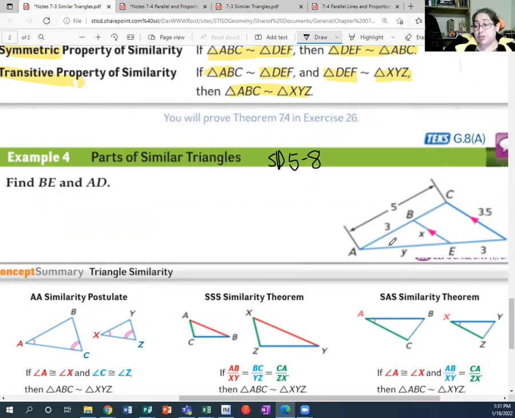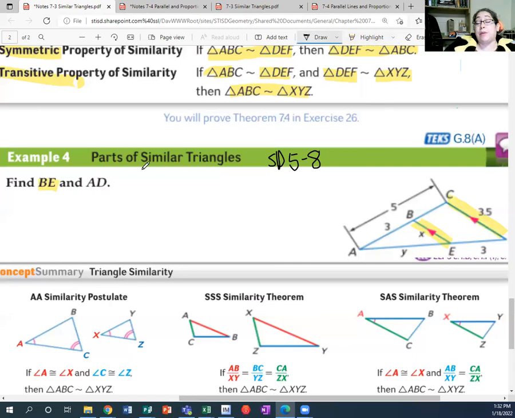So as I'm looking at these two triangles, this short one and this bigger one, I can use the fact that they're similar to help me say some things. All right, I want to find BE. BE is this one. So I want to find the side that corresponds to that particular side, which is going to be this one.